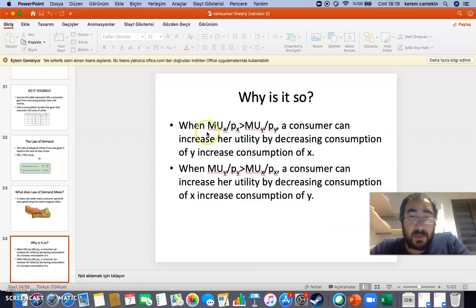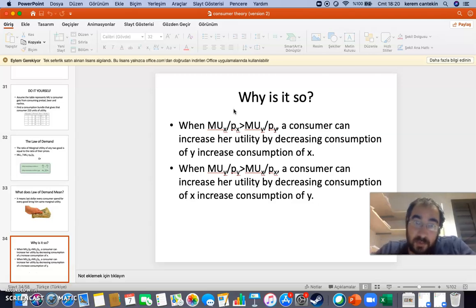This is another way to demonstrate it. If the marginal utility I get for the price of good x is higher than the marginal utility of y I get for the last dollar I spent on good y, in that case, I might decrease my consumption of y and spend my last dollar to buy good x instead.